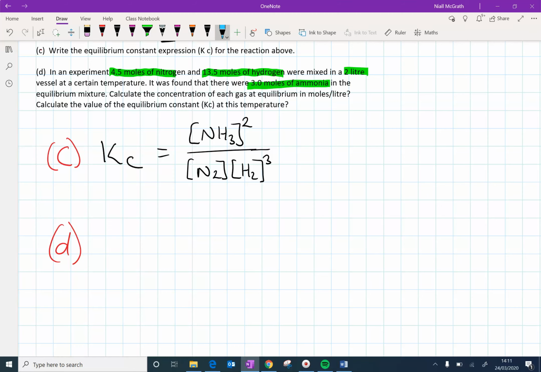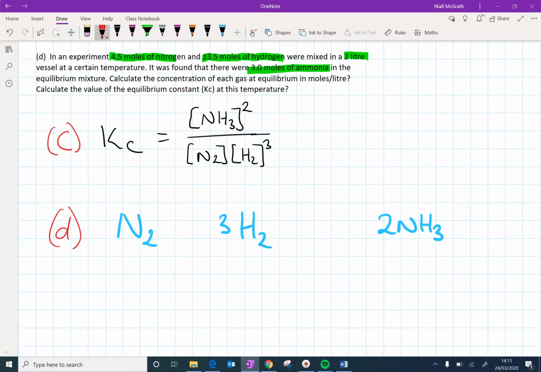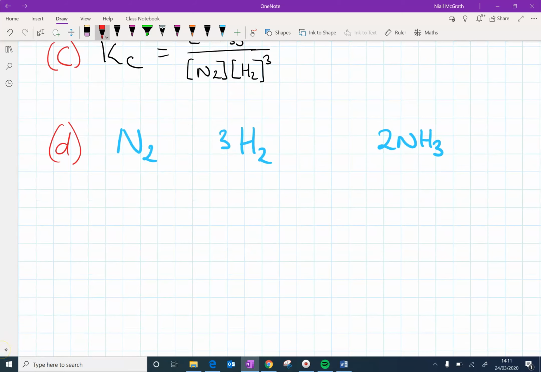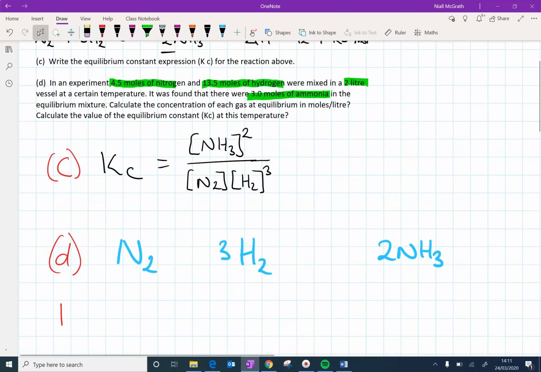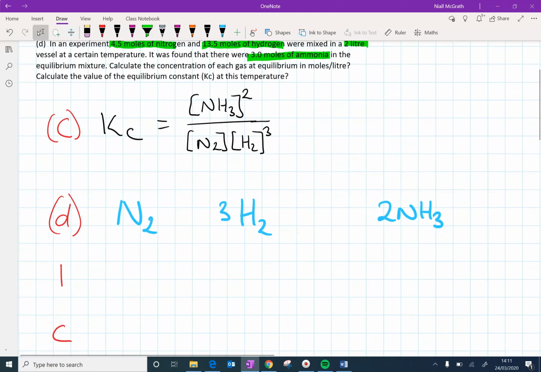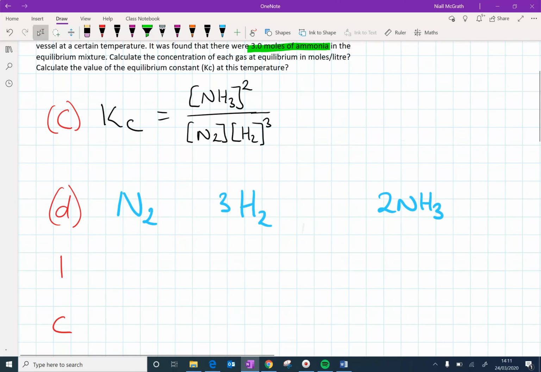So we have nitrogen, we have hydrogen, and we have ammonia. Okay, so we can go I for initial, C for change, E for equilibrium. Initially we have 4.5 moles of nitrogen and 13.5 moles of hydrogen.